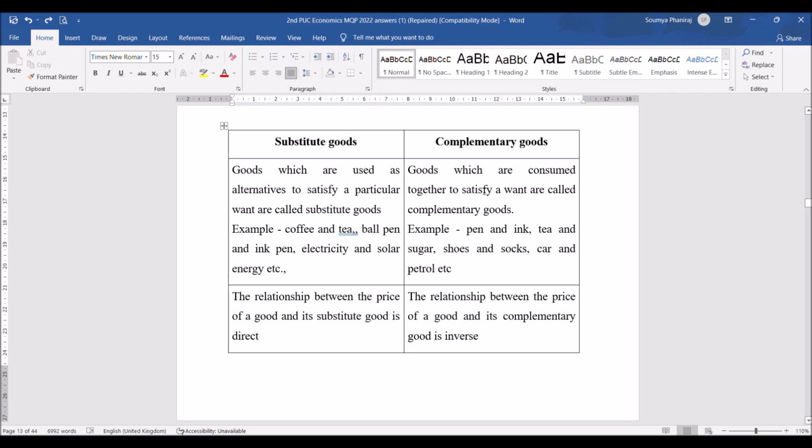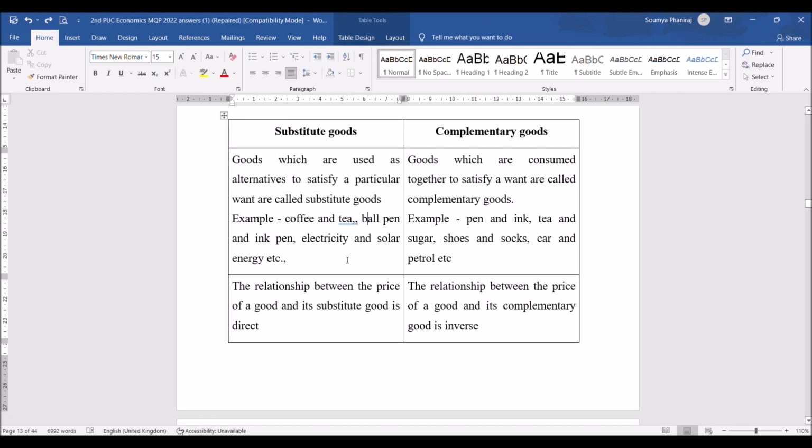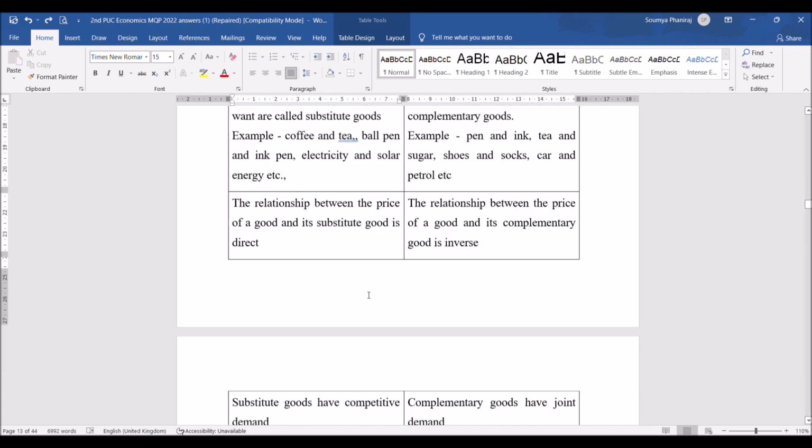So this will be one point. In fact, you can also separate this example as a second point also. So it is good if you can represent in a neat tabular format. When I say neat tabular format, you need to take a ruler and a pencil and create tables and then write.